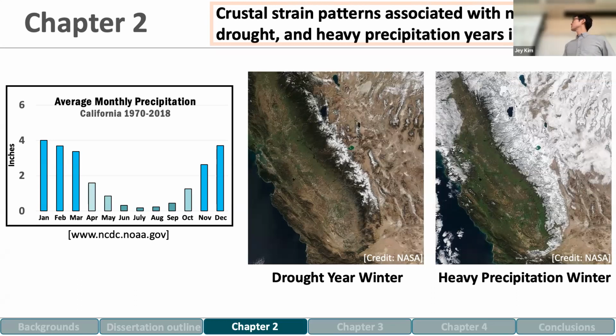There are two satellite pictures from NASA, and they were both taken during the winter. The one on the left was taken during the drought winter, and the one on the right was taken during the heavy precipitation year of 2017. And you can tell that the amount of snow on the surface is quite different, although they are both taken during the winter.